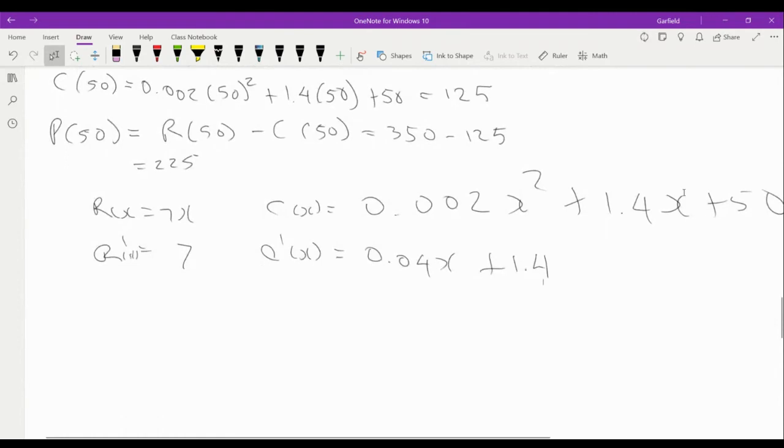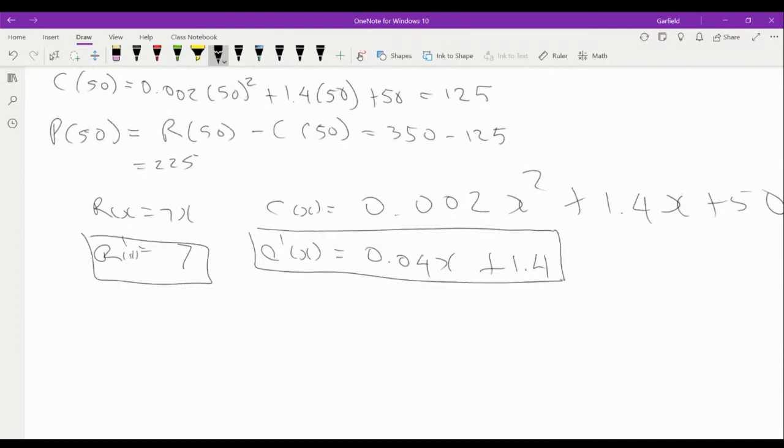All right, so quite a few answers for this one question. We're going to find P prime of x. And what would that be? We can subtract these two again, right?